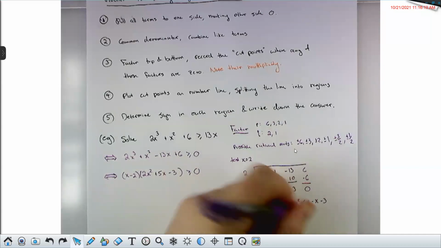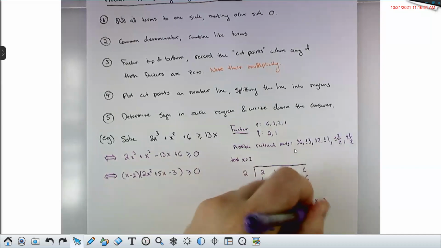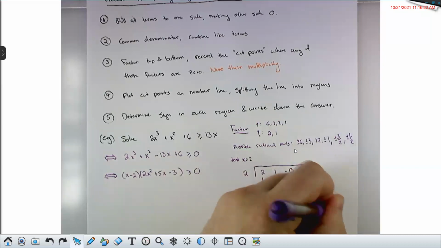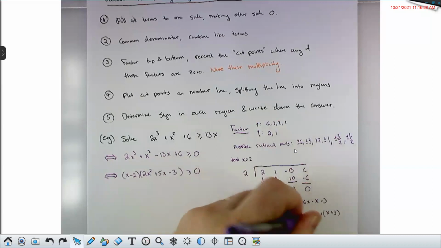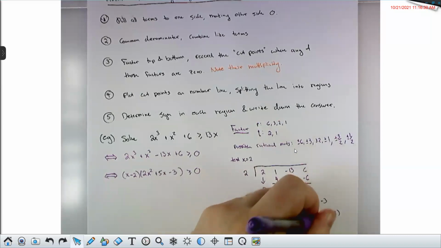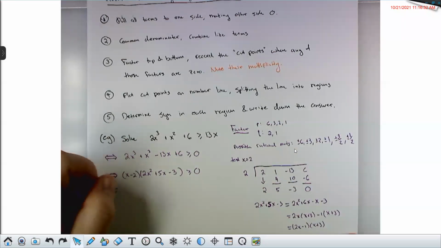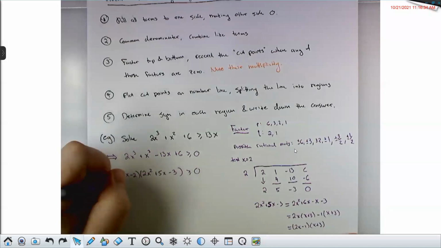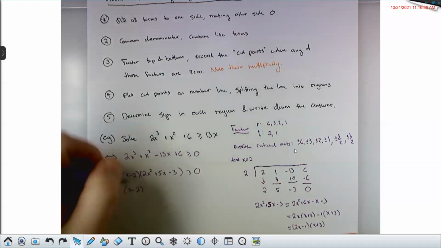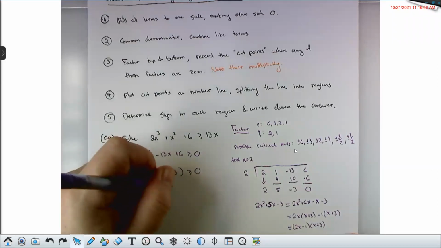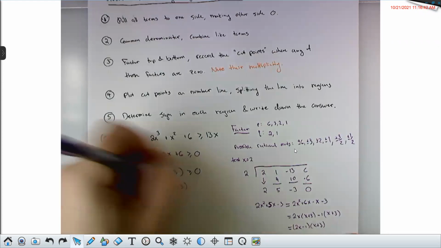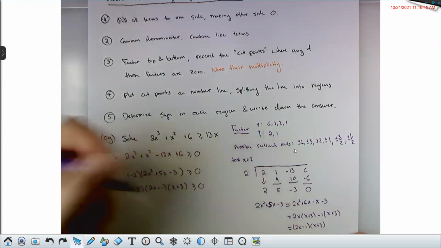That's 2x times (x plus 3) minus 1 times (x plus 3). So that's (2x minus 1) times (x plus 3). So now I have finished factoring. I have (x minus 2) times (2x minus 1) times (x plus 3) is greater than or equal to 0.